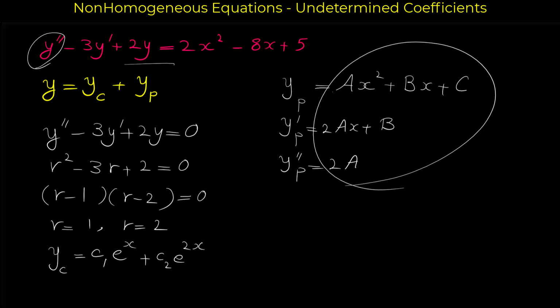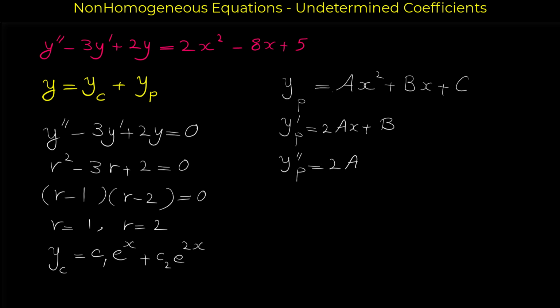We replace y double prime with 2a minus 3 times y prime, so 3 times 2ax plus b, plus 2 times y, 2 times ax squared plus bx plus c. And this should be equal to 2x squared minus 8x plus 5.